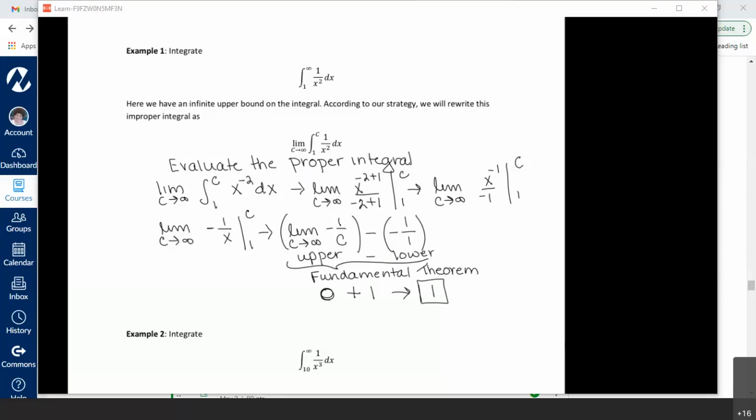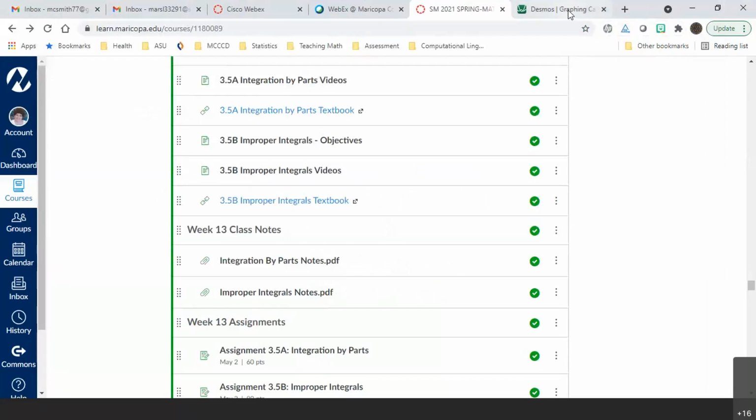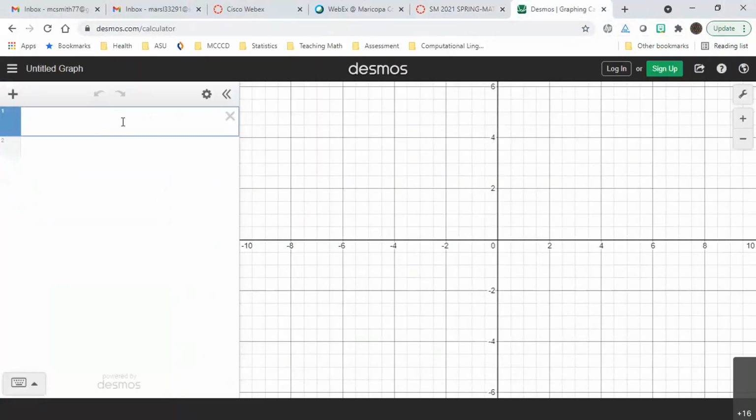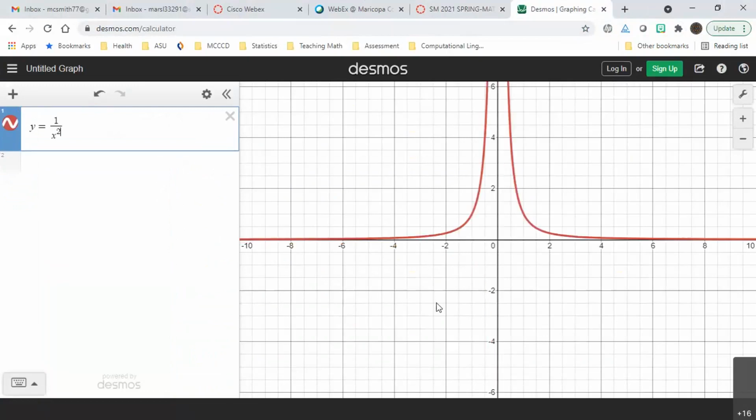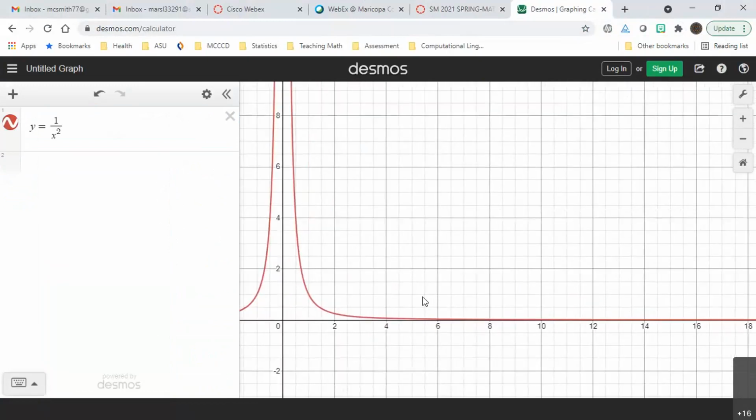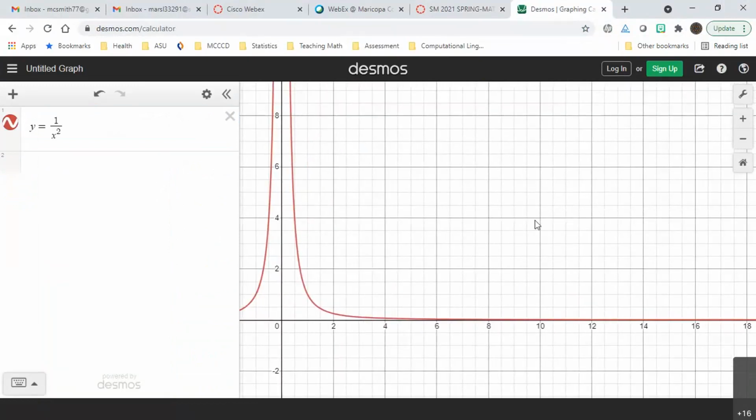So let's see what this means in Desmos. Here's my function, 1 over x squared. I'm going to go over here to Desmos and say y equals 1 over x squared. So here's what the graph looks like, and I'm interested in it from 1 on out.